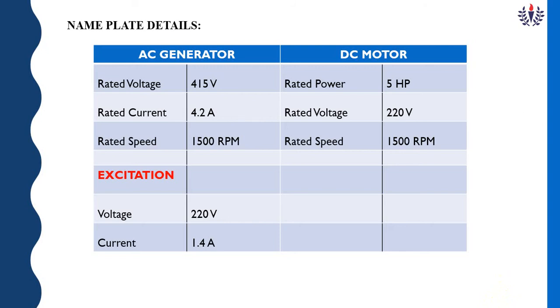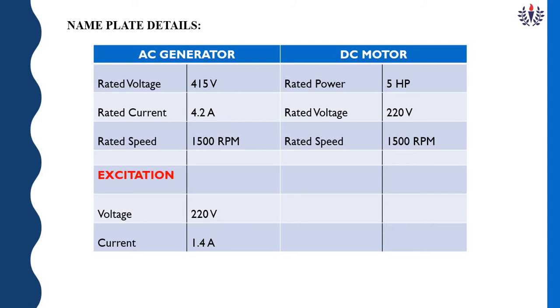So in order to do the experiment, first we should note down the nameplate details. For the generator, we require the rated voltage of 415 volts, which is available in the lab, the rated current of 4.2 amps and the speed of 1500 rpm, and the field excitation of 220 volts and current of 1.4 amps.